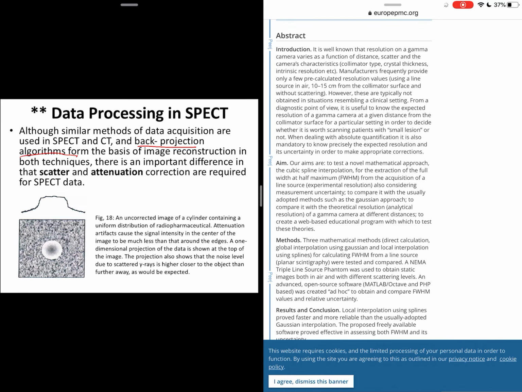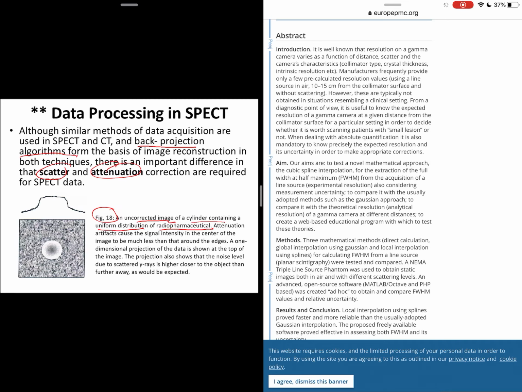Similar methods of data acquisition are used in SPECT and CT. We have here the back projection algorithms, which form the basis of the reconstruction of images. But there is an important difference: scatter and attenuation corrections are required for SPECT data.